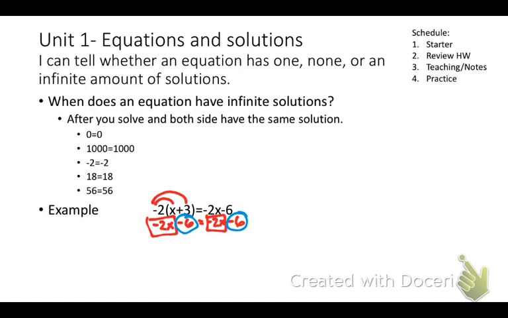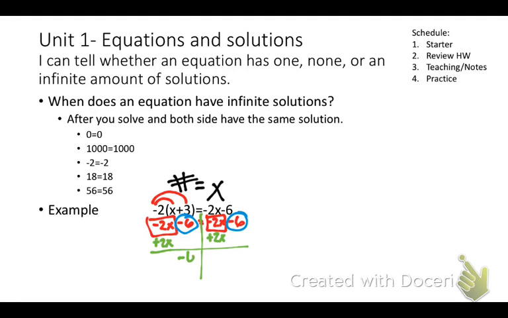Now I'm going to move my x's to the right this time, and my numbers over here. So you can see it doesn't really matter, okay? So now I'm moving them around. I'm going to start with moving this negative 2x over here, plus 2x, because that's the opposite, plus 2x.